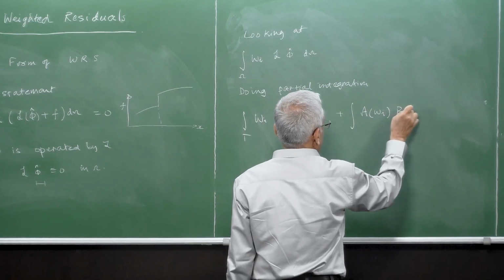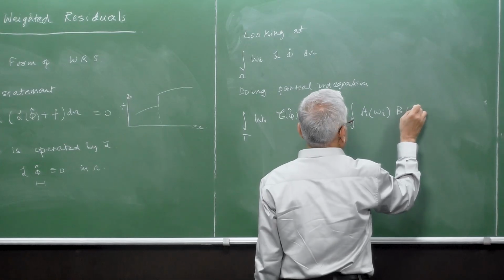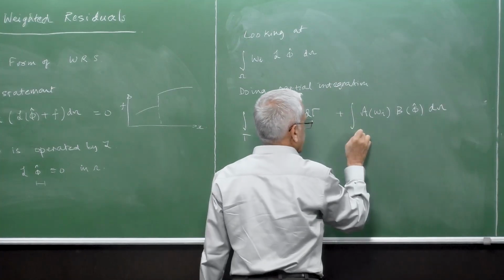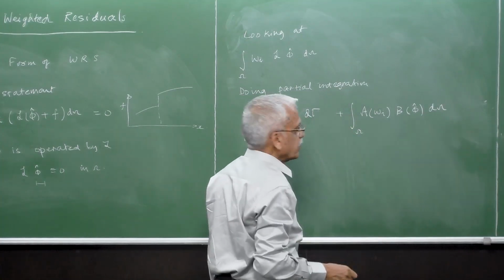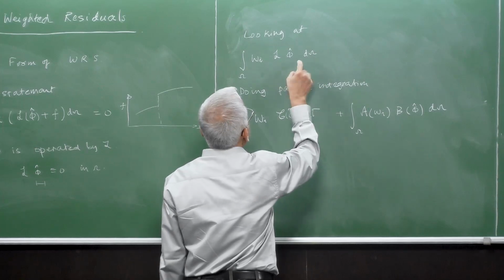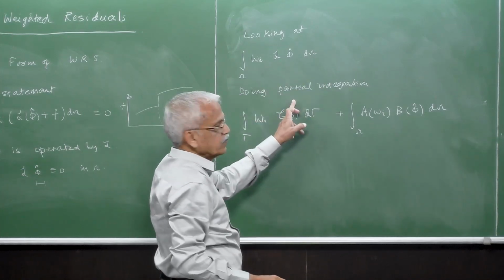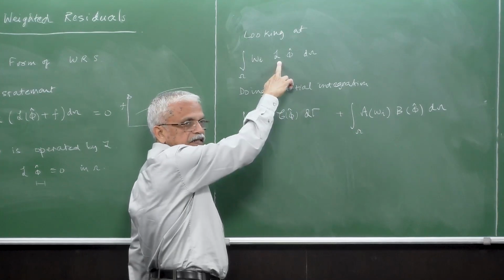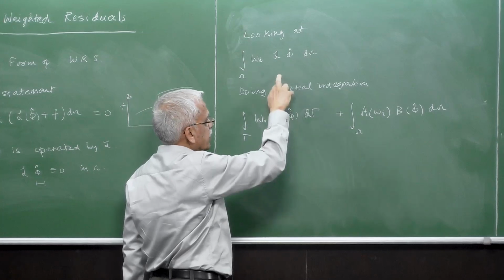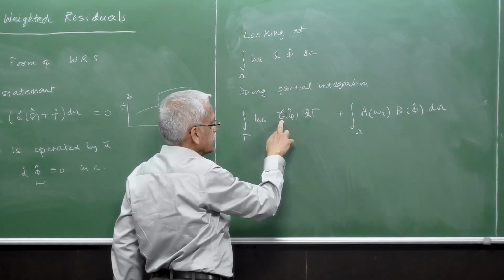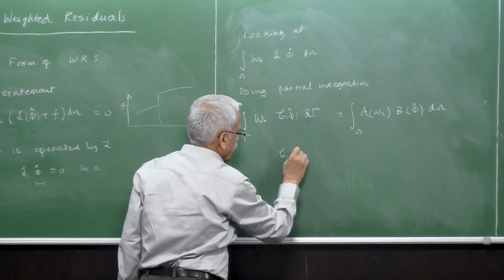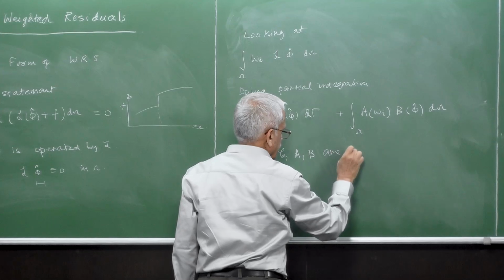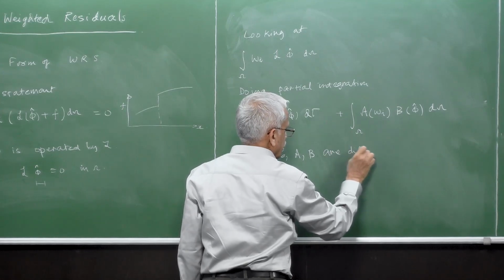We will explain all these things more, and they will become clear as we take an example. So if you do the partial integration, L will become of a lower order. C and A are all differential operators.